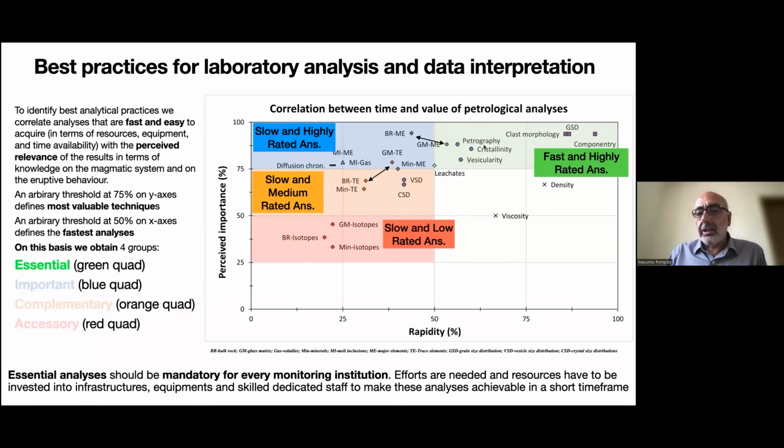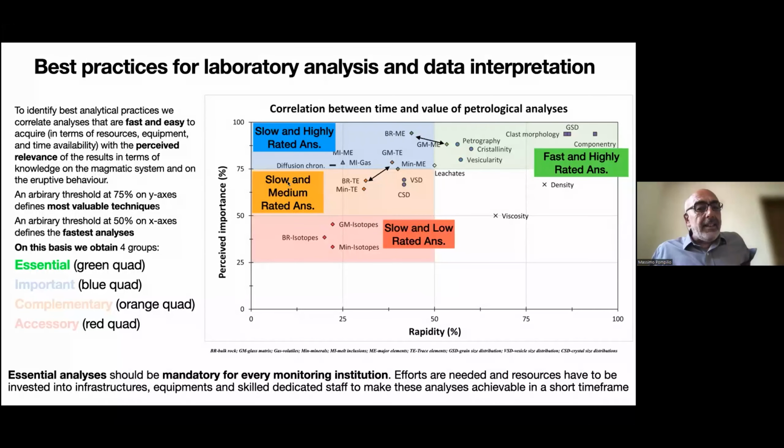Most of this is petrography, crystallinity, vesicularity, that are important but fast. Another kind of analysis that is slow but highly rated, diffusion chronology, is here. Melt inclusion is here. Bulk rock is here, but glass, for example, is in the fast and highly rated analysis.